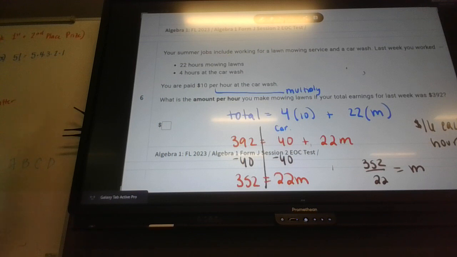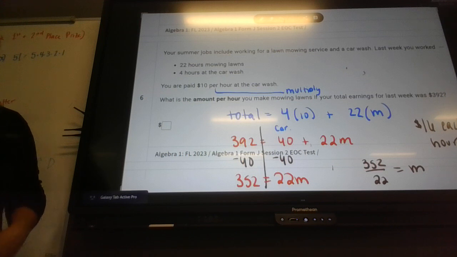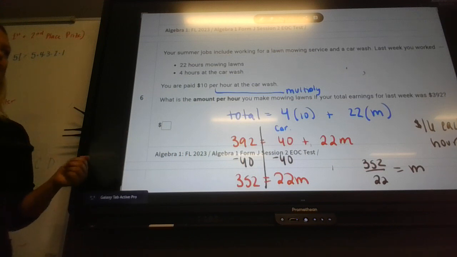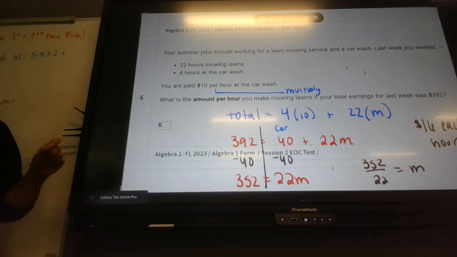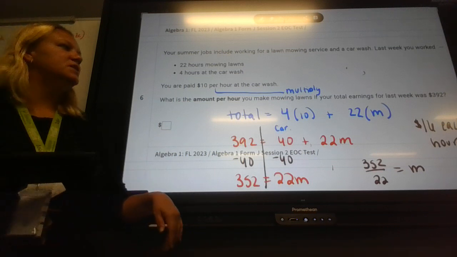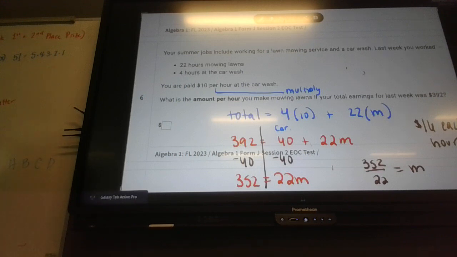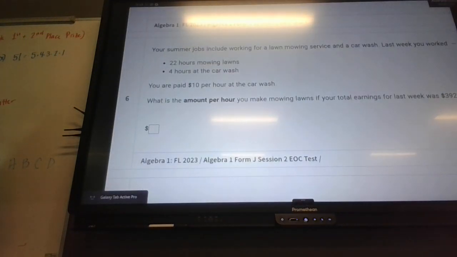That's pretty good. I mean, you don't make 16 an hour at Publix. It's like 15 at most. So that's actually pretty good, 16 an hour. And that one's a cheap one. All right, next one.